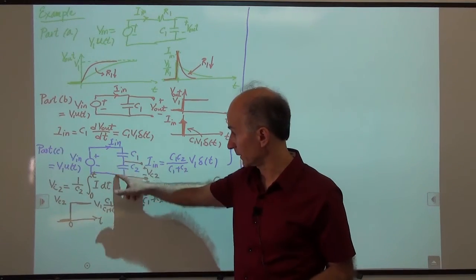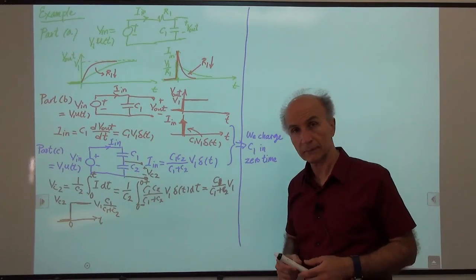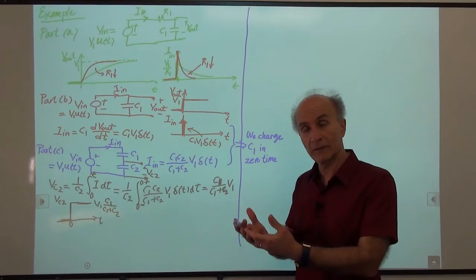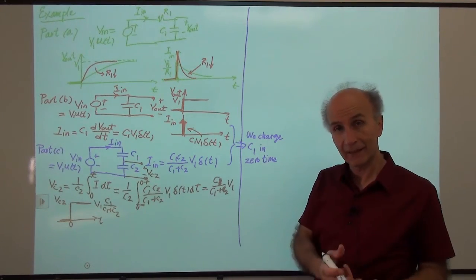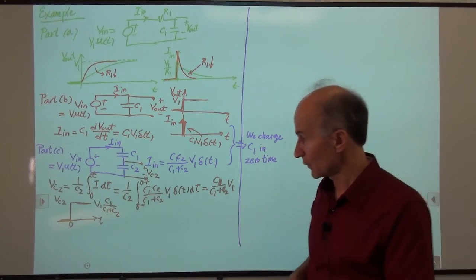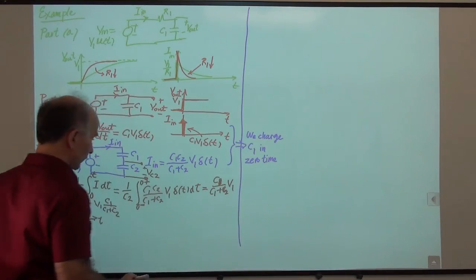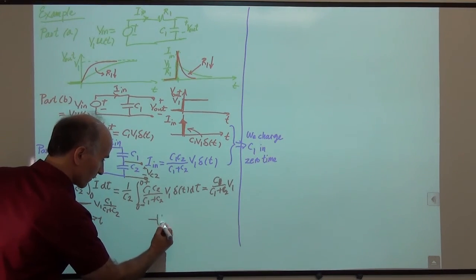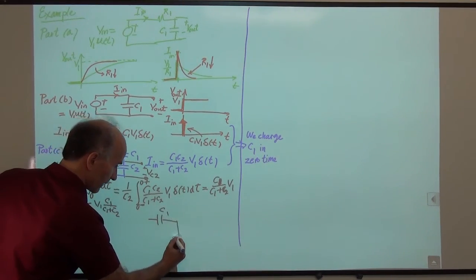So then what would you call this circuit? You call the circuit a capacitive voltage divider instead of a resistive voltage divider. So that's a nice circuit to have. You can draw it like this, or you can draw it like this. C1 and C2.